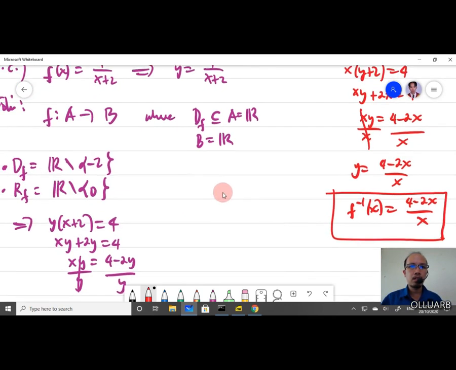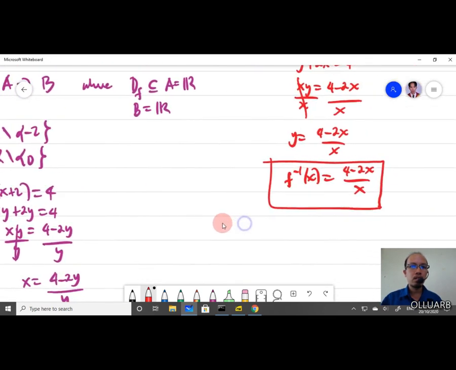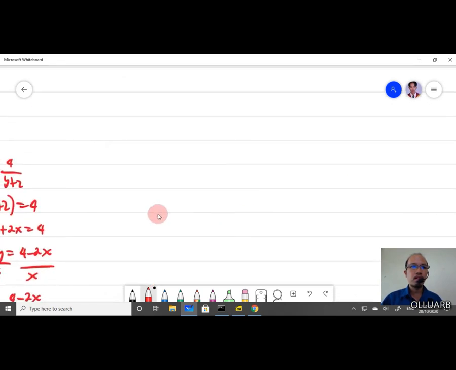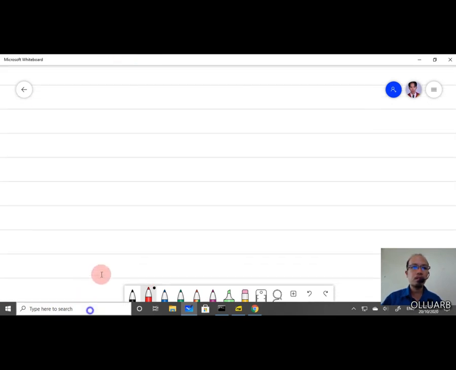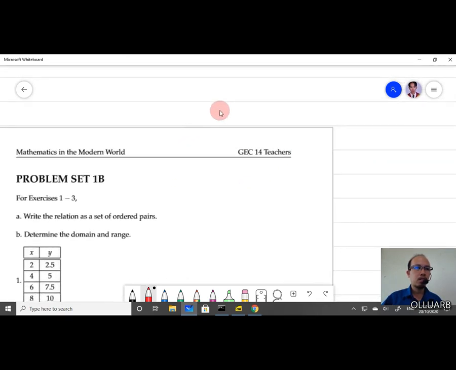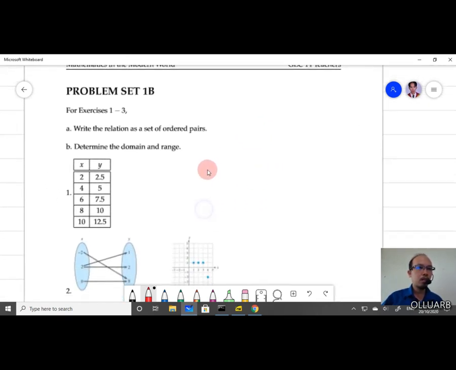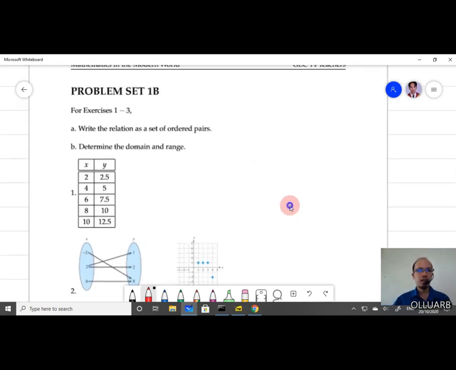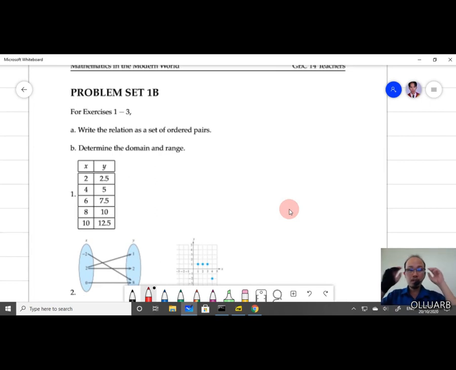Okay, so that's how you are going to solve the exercises. So for our problem set, problem set 1b, this is the solution.